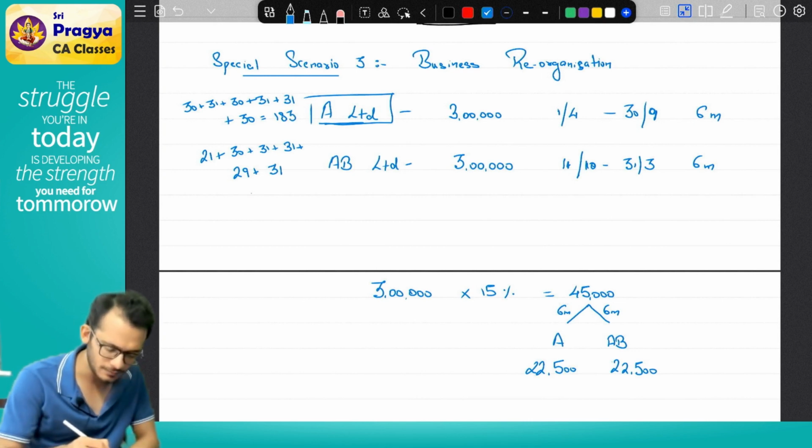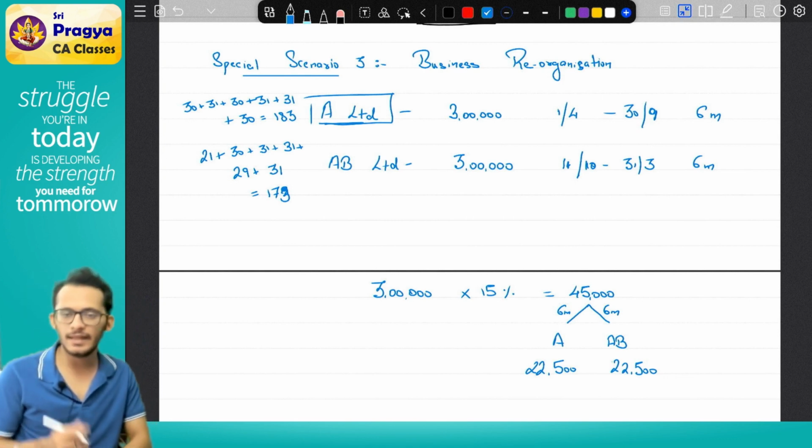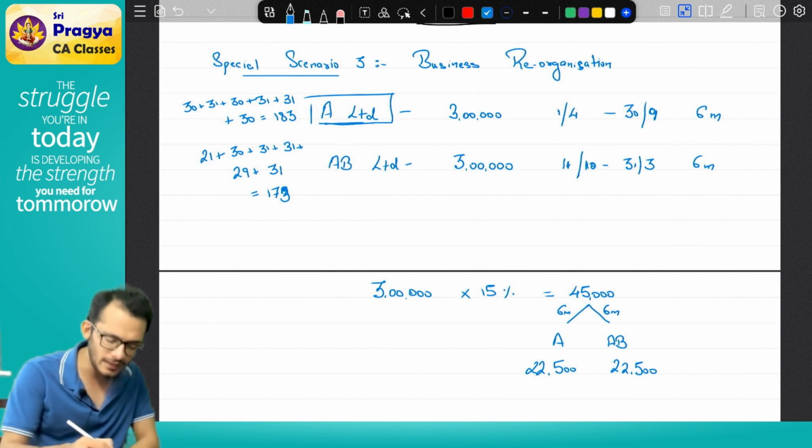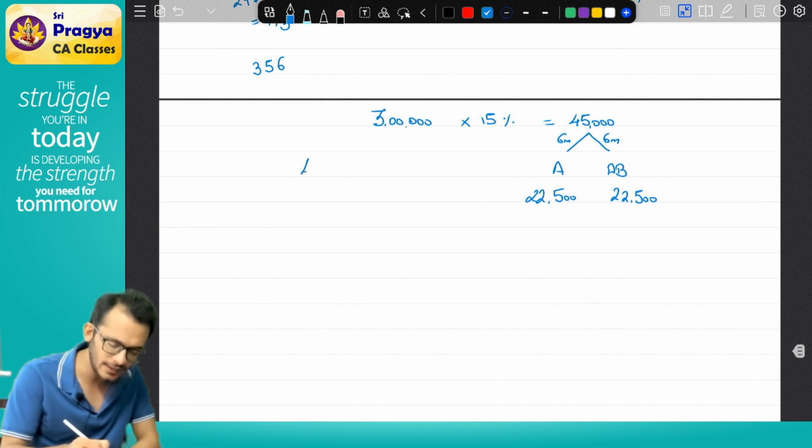Okay, second one. 173. So this asset in the current year was used for 183 plus 173, which means totally 356 days. So I will take the 45,000 and split it between A and AB based on the number of days.